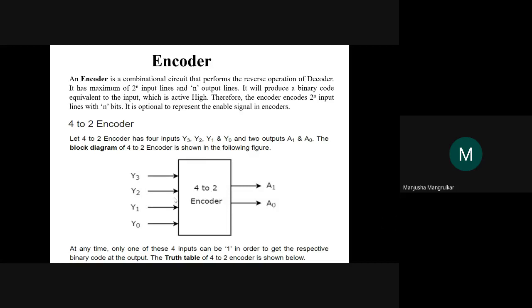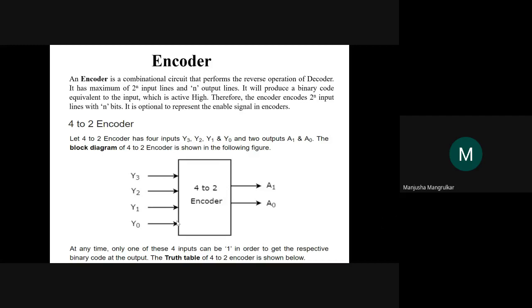The block diagram of the 4 to 2 encoder is shown this way. At a time, only one of these four inputs can be 1, in order to give the respective binary code at the output. The truth table is there.